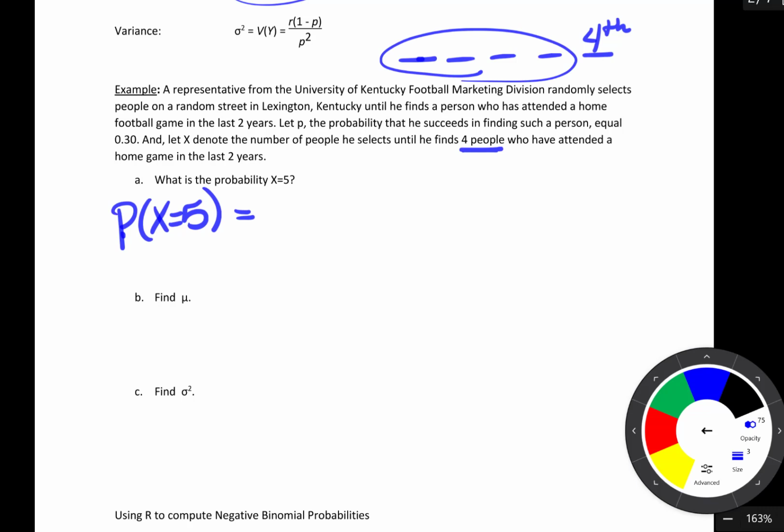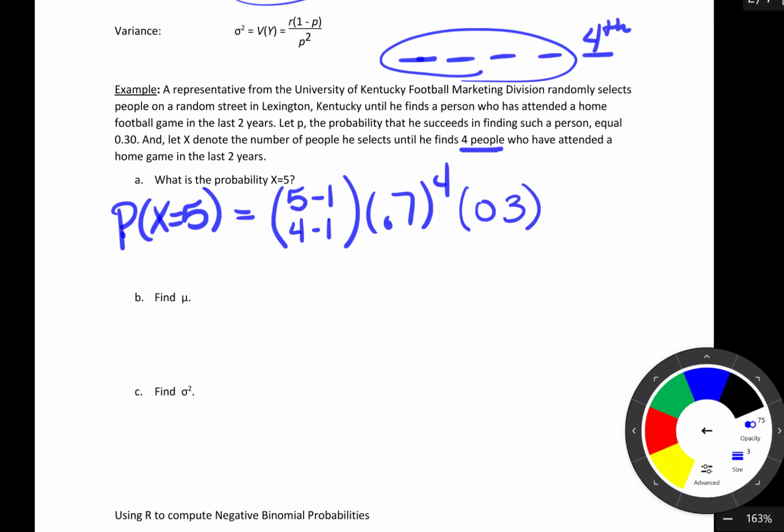So to find this probability, we have the 4 trials circled here, and from them we need to choose 3 where the other 3 successes could be. In total, we're going to have 4 successes, and then that means we're going to have 5 minus 4 failures.